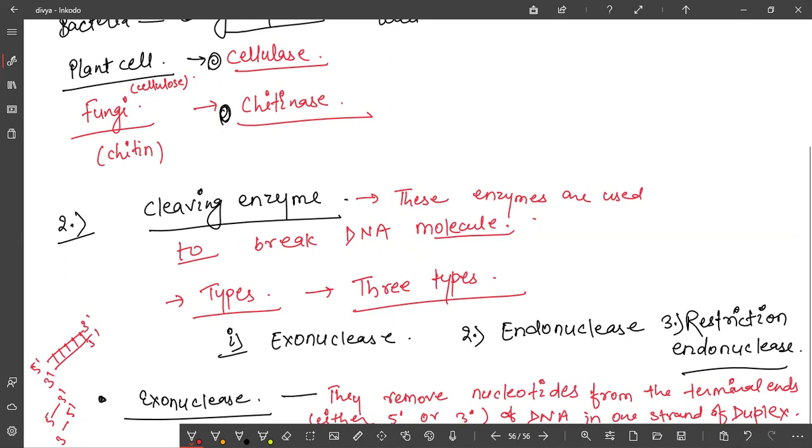Exonuclease will cut from the 3 prime end, from the base, so it is cutting from the end, in a single strand only. But when you want to take DNA, you need both the strands.